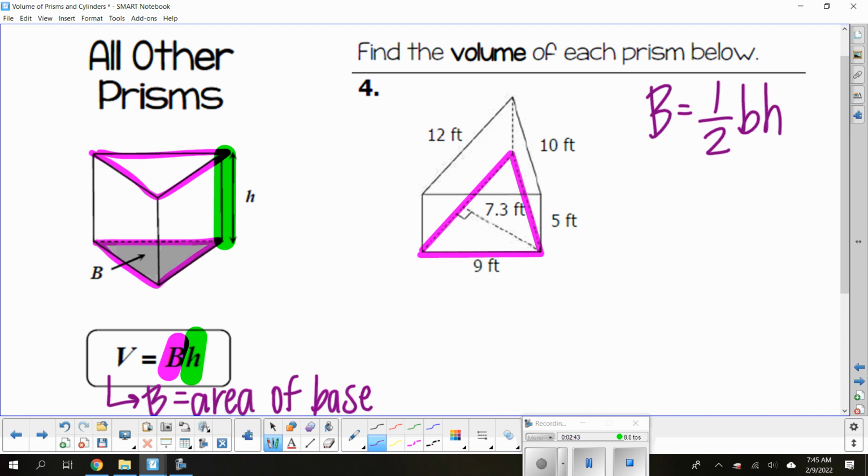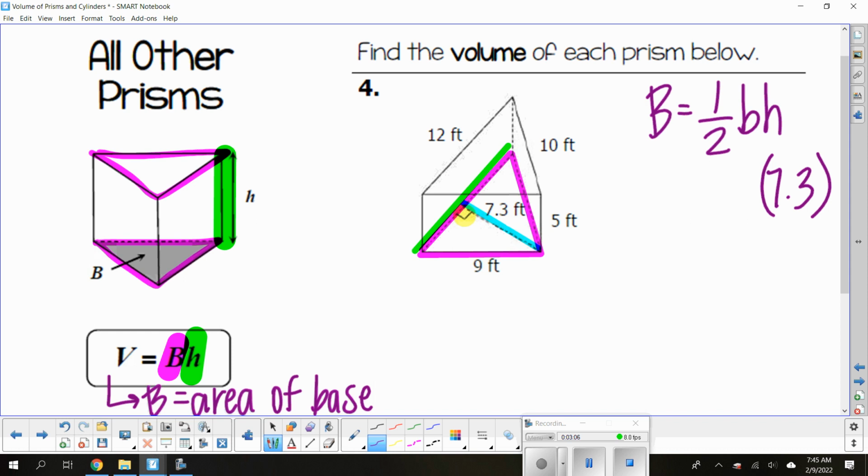But if I'm looking at this triangle, well, remember back when we were just doing straight area, our right angle tells us what two sides we need. So sitting on my right angle, well, that's on this segment, and then my height would intersect the right angle. So my height of just the triangle is 7.3.